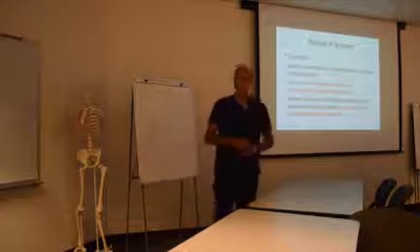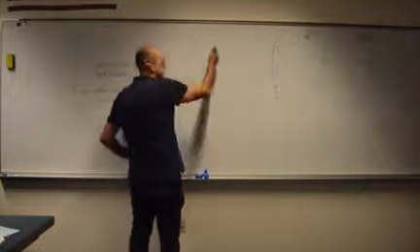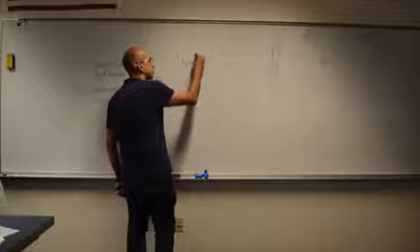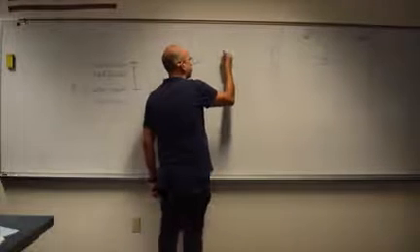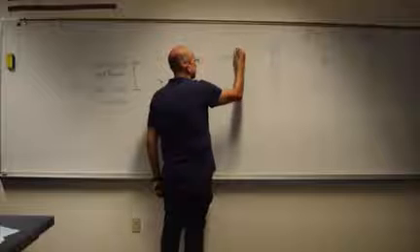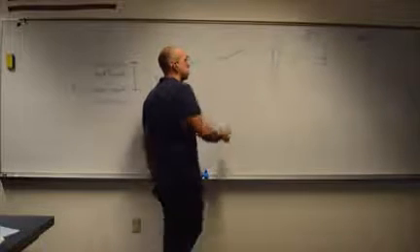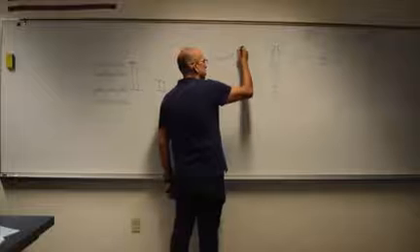What does this mean? If you're looking here, we're comparing two sides of the membrane. On this side I have 5 moles per liter. On this side I have 5 moles per 2 liters, or let's make it 5 liters.